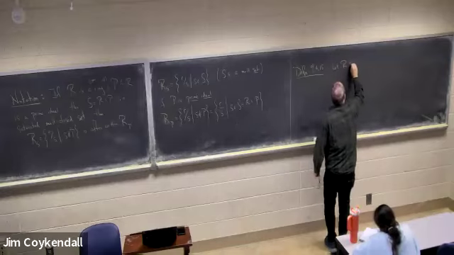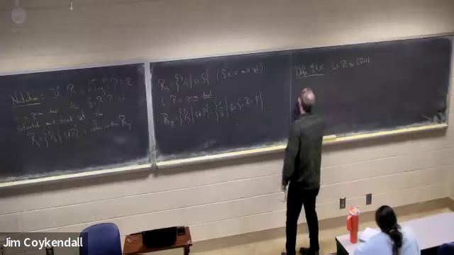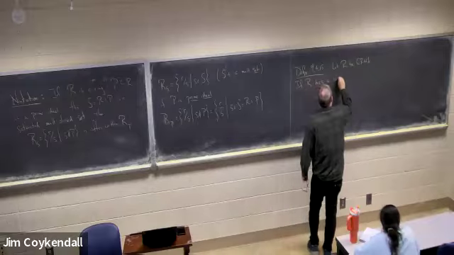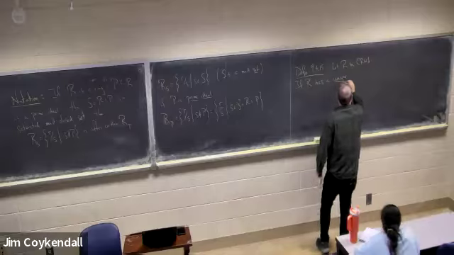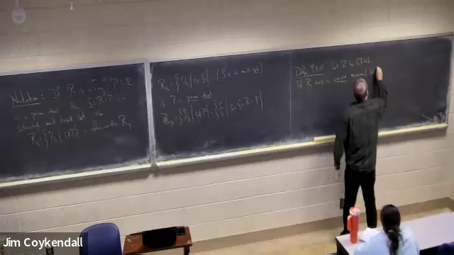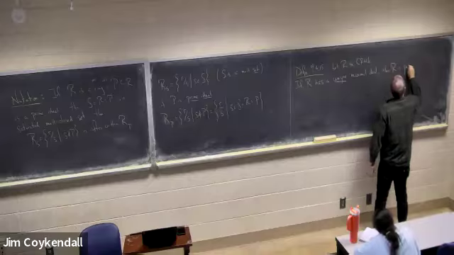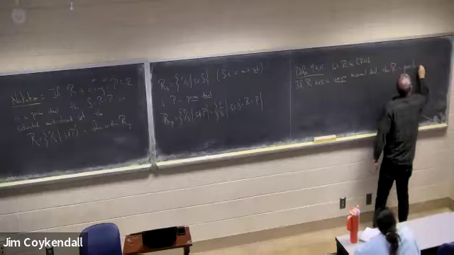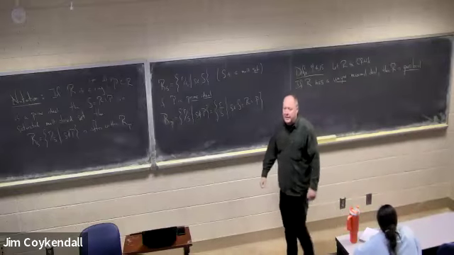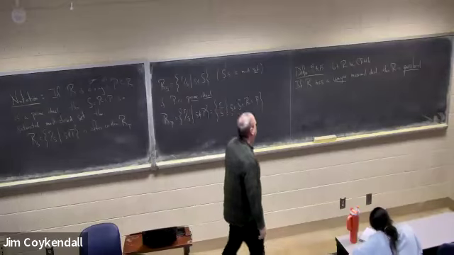If R has a unique maximal ideal, then R is quasi-local. So the term quasi-local means it's got one and only one maximal ideal.